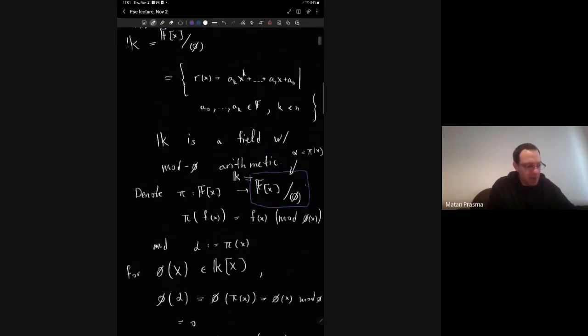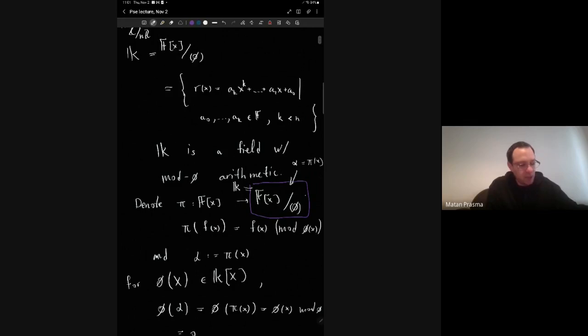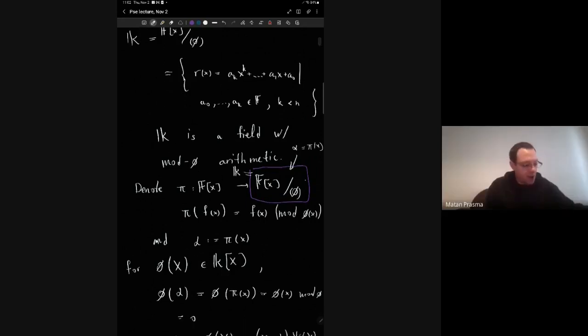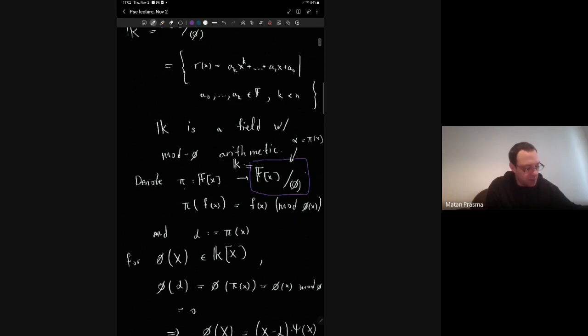That is, F[x] modulo phi is the set of all remainder polynomials r(x), with the mod arithmetic. Now I look at the map from all polynomials to polynomials modulo phi. This map is the quotient map, or the mod phi map. So I take a polynomial f to f modulo phi.